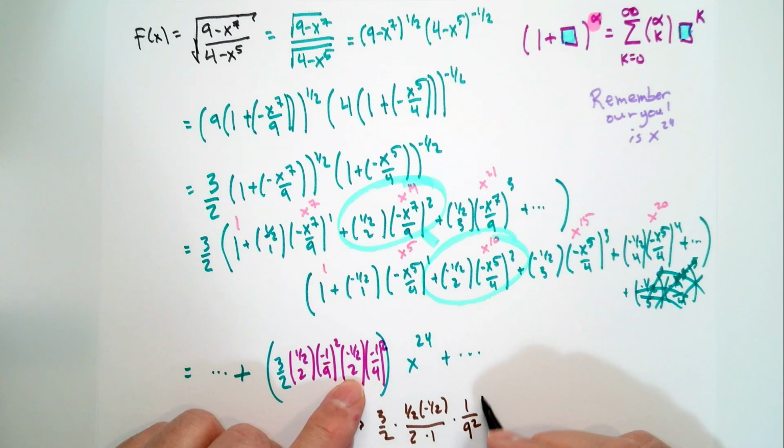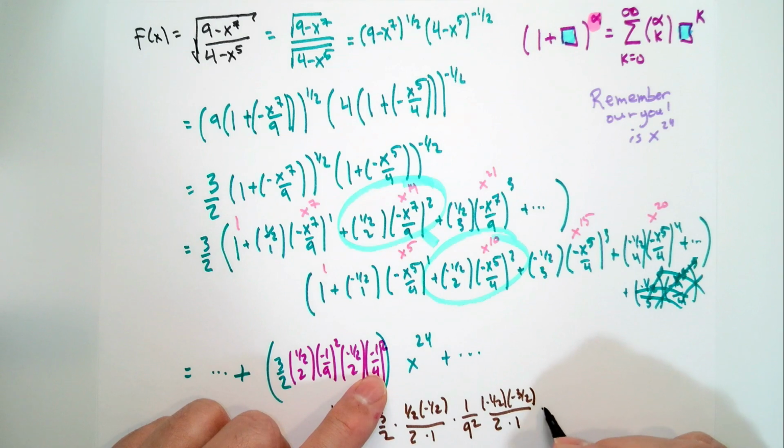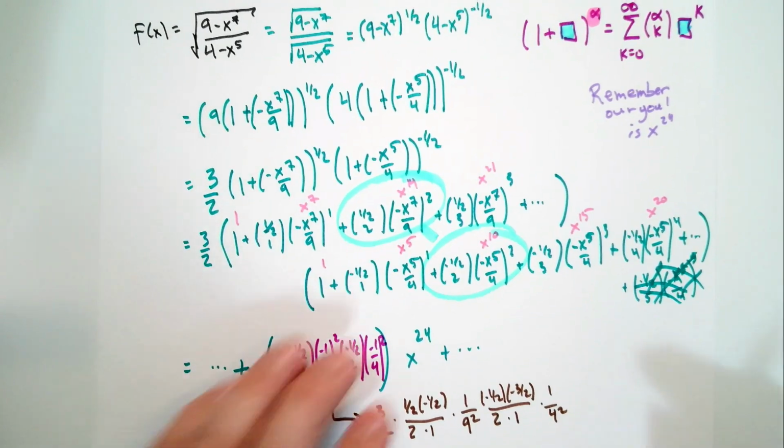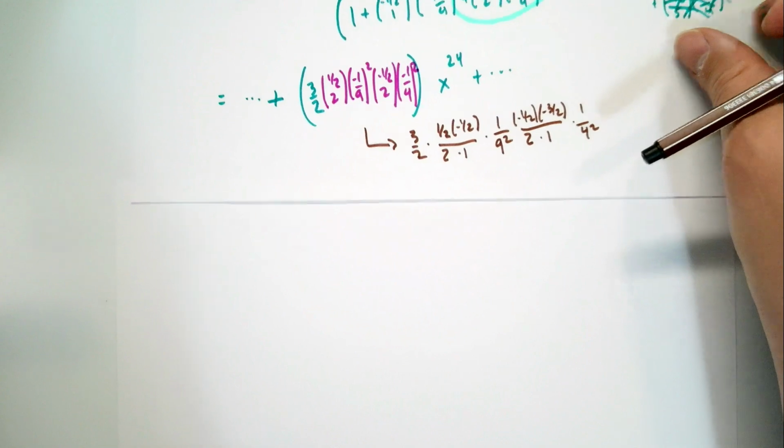Minus 1/2 choose 2, so that's minus 1/2. Subtract 1 minus 3/2. Now we have two terms. Downstairs 2, 1. Minus 1 over 4 squared is 1 over 4 squared.